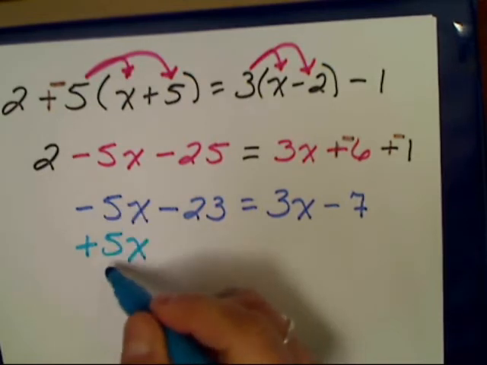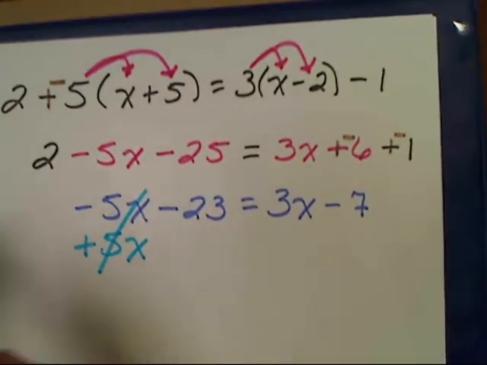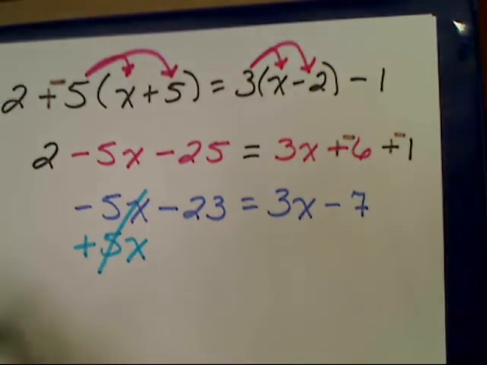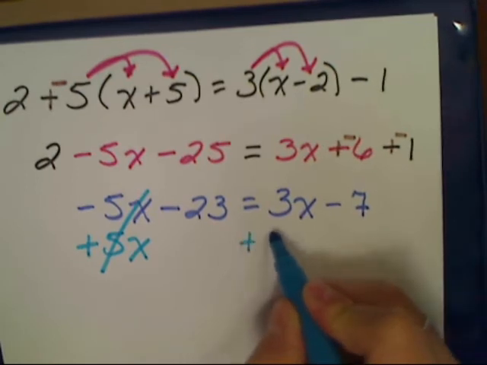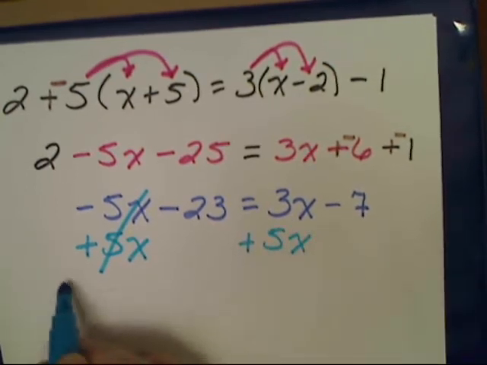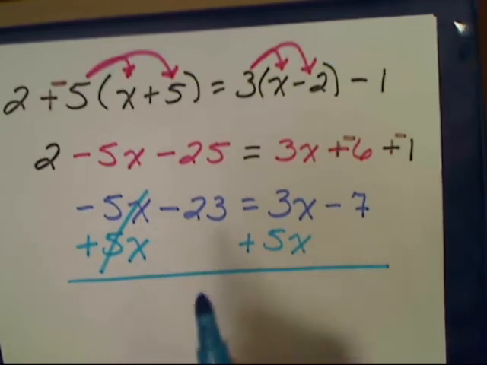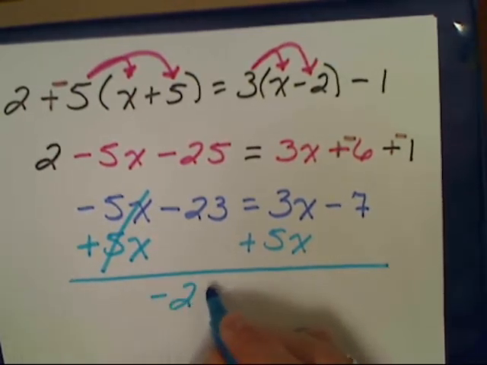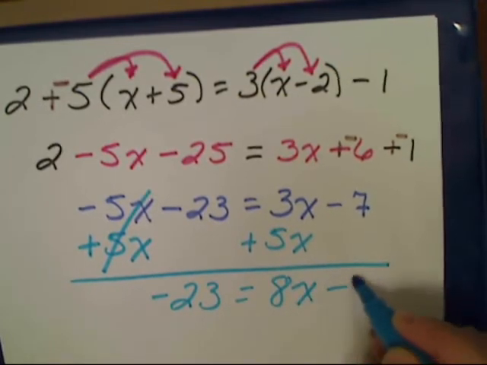Negative and a positive get 0. Whenever we move terms, the entire quantities that are being added or subtracted, we do the opposite sign. Whatever I do to one side, I do the same thing to the other side. Don't forget the sign in front of the term goes with the term, so this 23 is still a negative 23. And now I have an 8x minus 7.